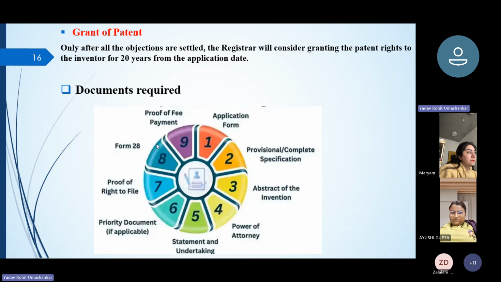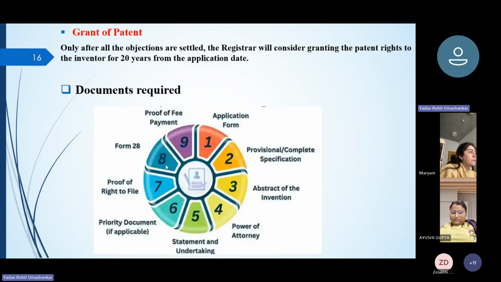Form 28. Form 28 is for when you are already doing some business, like a micro, small or medium enterprise. Then you can fill a separate form to get a rebate on the patent fees.